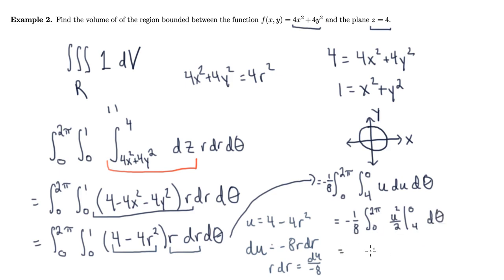So this is really just going to be the integral from 0 to 2 pi of just d theta, which is 2 pi. So that's the volume bounded between these two regions.